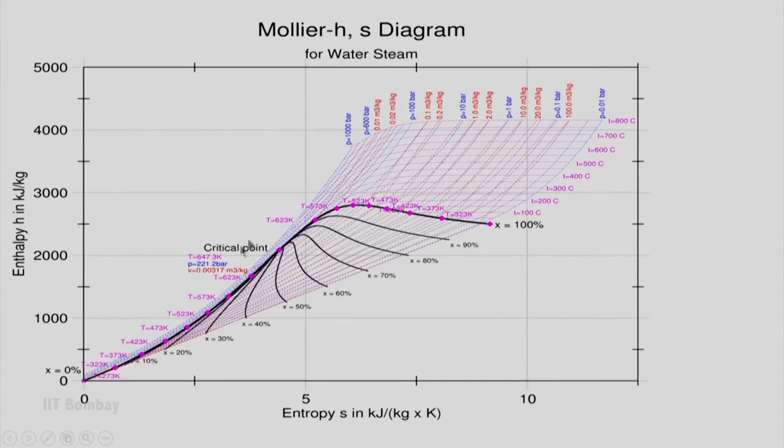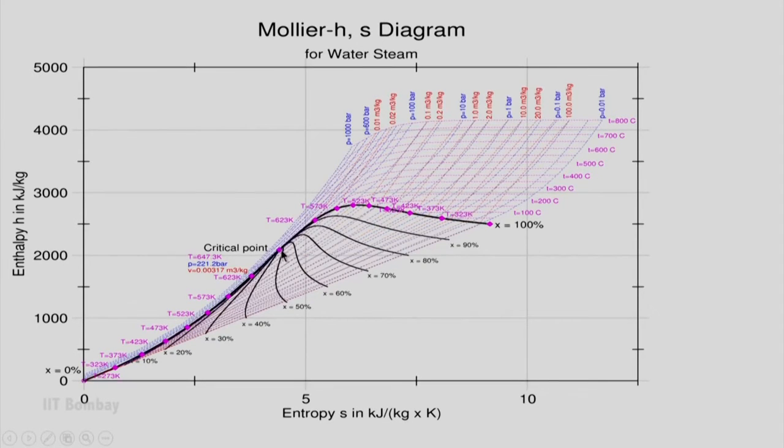Here you can see that this line is the saturated liquid line where x is equal to 0, and this line is x is equal to 100%, the saturated vapor line. Both these lines meet at the critical point.